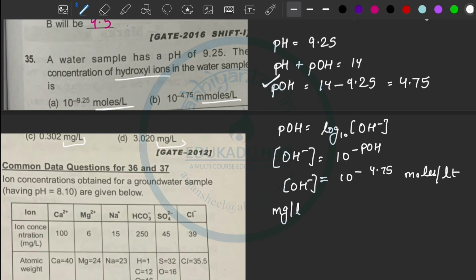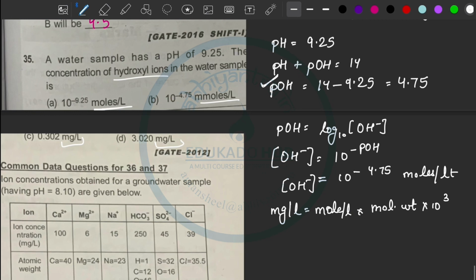Milligram per liter is equal to mole per liter into molecular weight into 10 to the power 3.